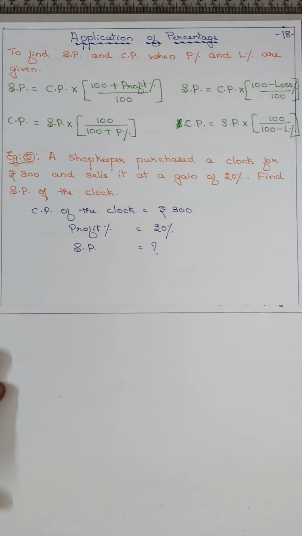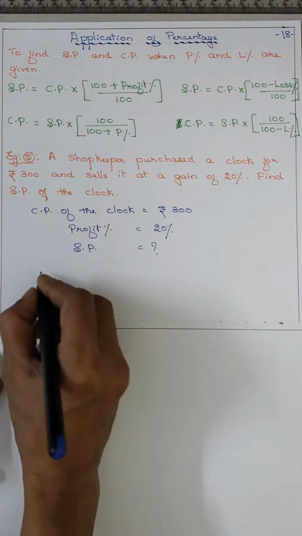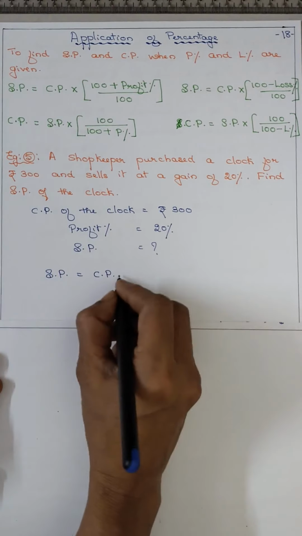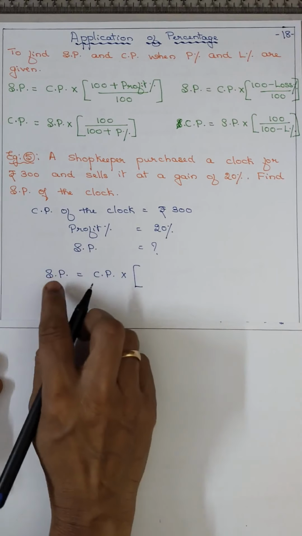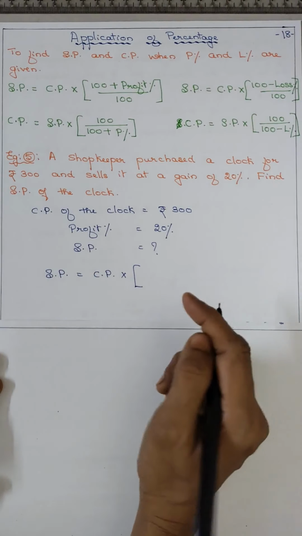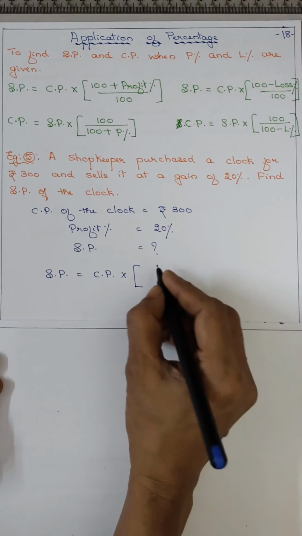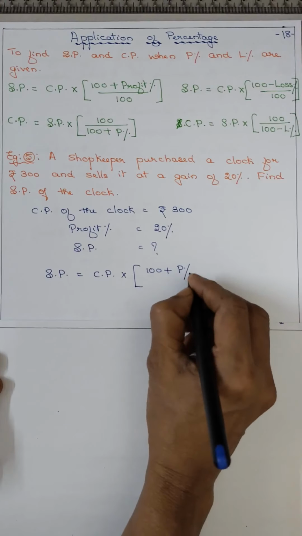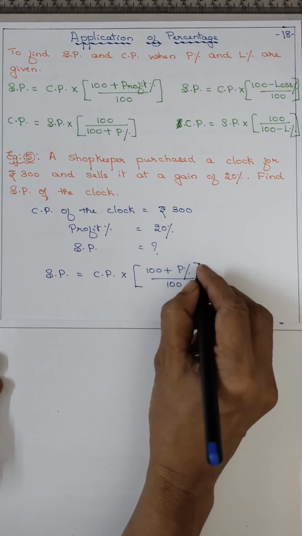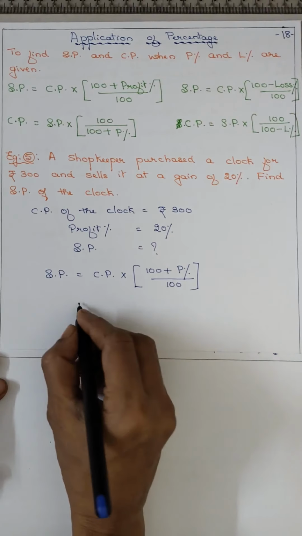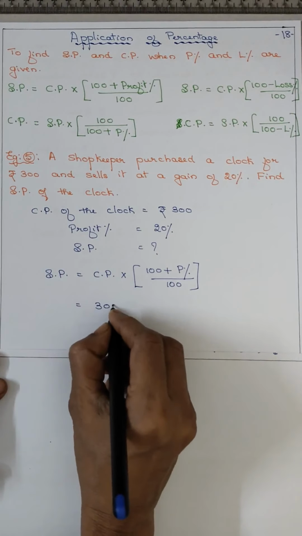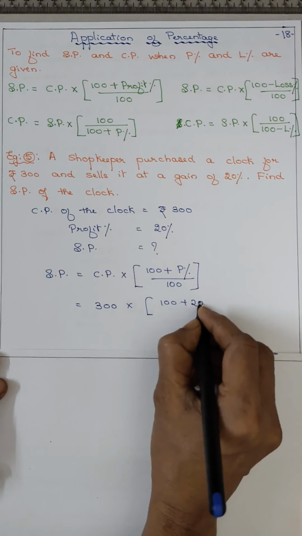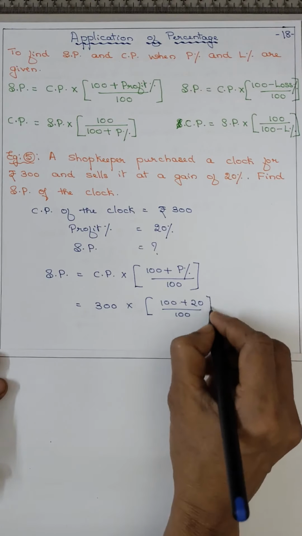What is the formula for SP? SP is equal to CP into, to find out SP, addition or subtraction will go to the numerator, so 100 plus, because it is profit percent, upon 100. Now put the values. 300 into (100 plus 20) upon 100.